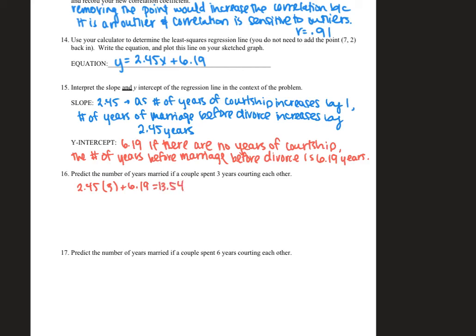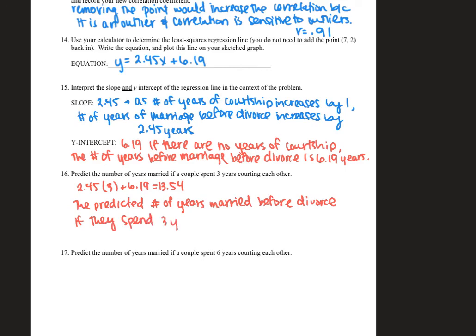And then for context, we're going to say the predicted number of years married before divorce if they spend 3 years courting is 13.54 years.